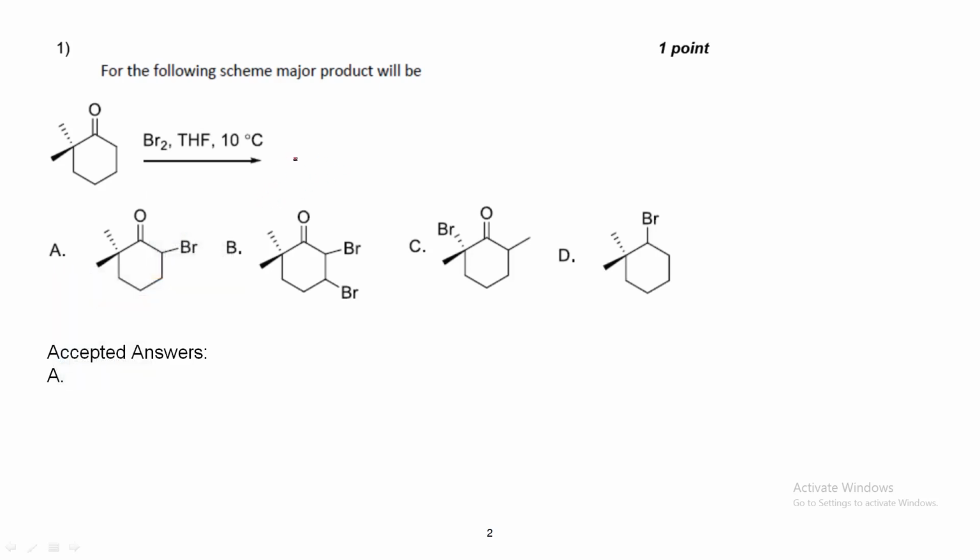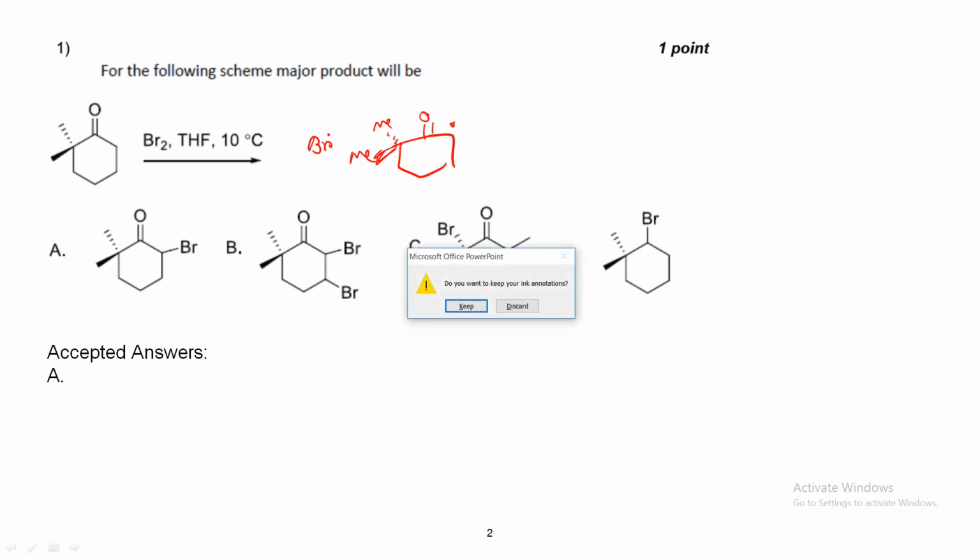So this is actually a mono halogenation reaction. With that, it can act as Br dot and generate this particular radical, and in that way it can form this. It can form this thing.